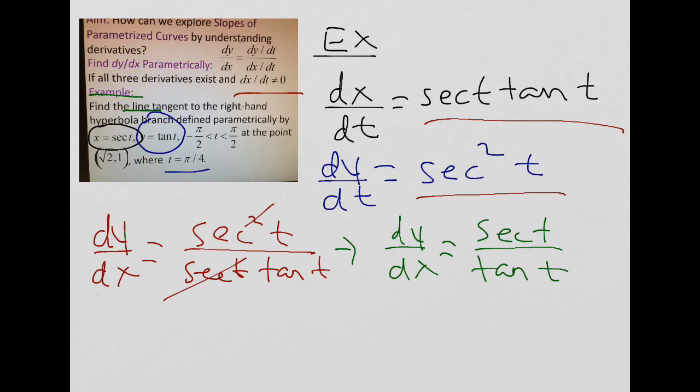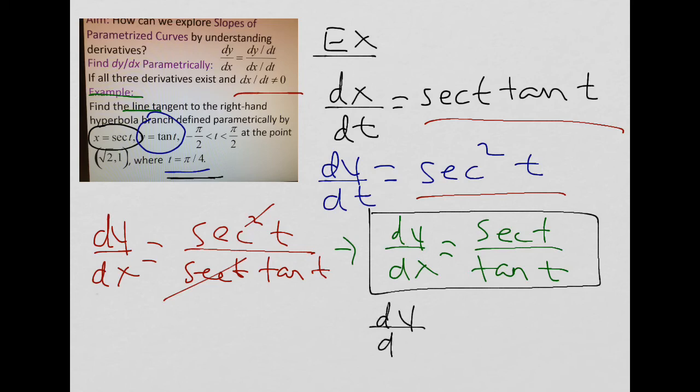This is fine even though it looks like we have different variables. That is because we're working with parametric equations. Okay? So that is where our t value comes in. We want to plug pi over 4 into our expression. Okay?